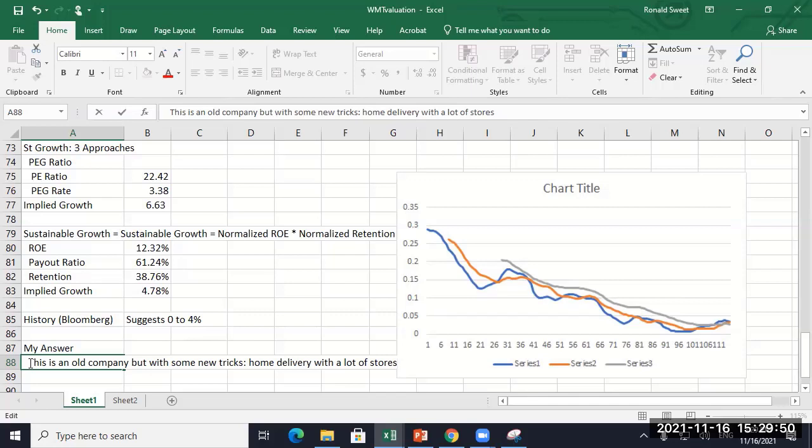So Walmart, I don't remember the exact number, but something in the neighborhood of 90% of Americans live within 10 minutes of a Walmart. Can you say that about Amazon? Or Whole Foods? Probably not. That's a huge advantage. That also gives an advantage on curbside.